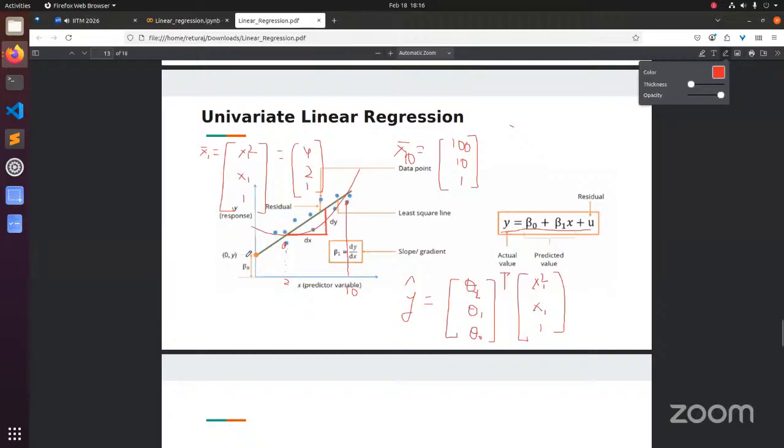But since you know that the data came from this linear equation, what should theta 2 become? 0, right?